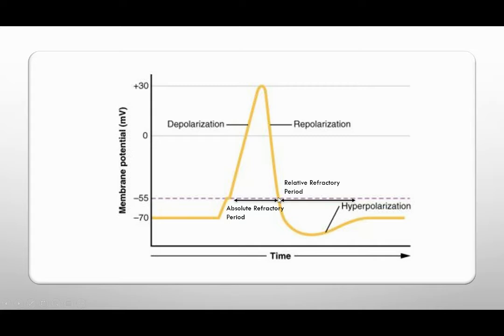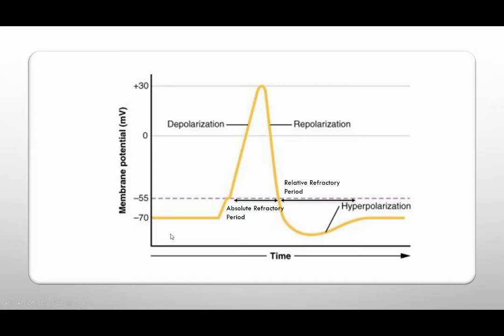Now, after this phase, we enter something known as the relative refractory period. It is at this stage we're able to fire another action potential, but as you can see, we still have a permeability to potassium.